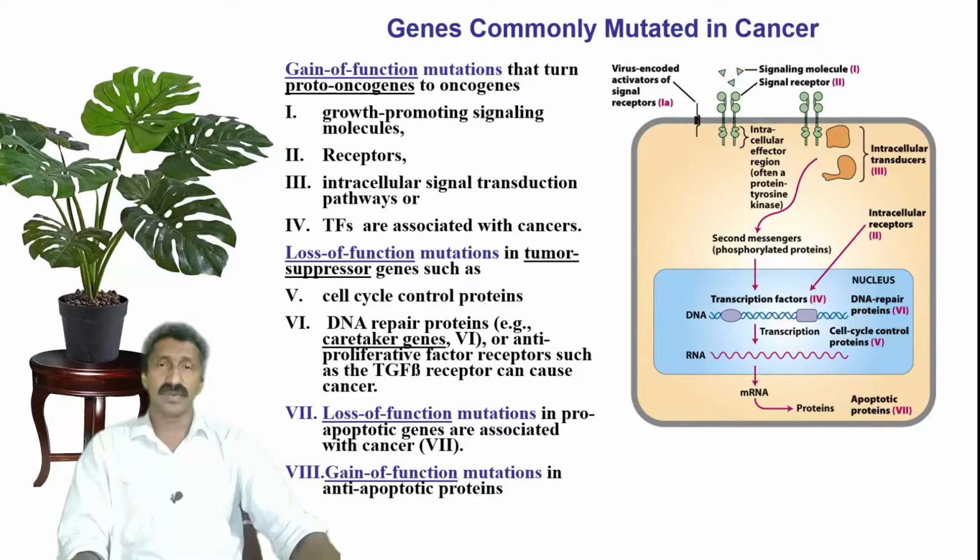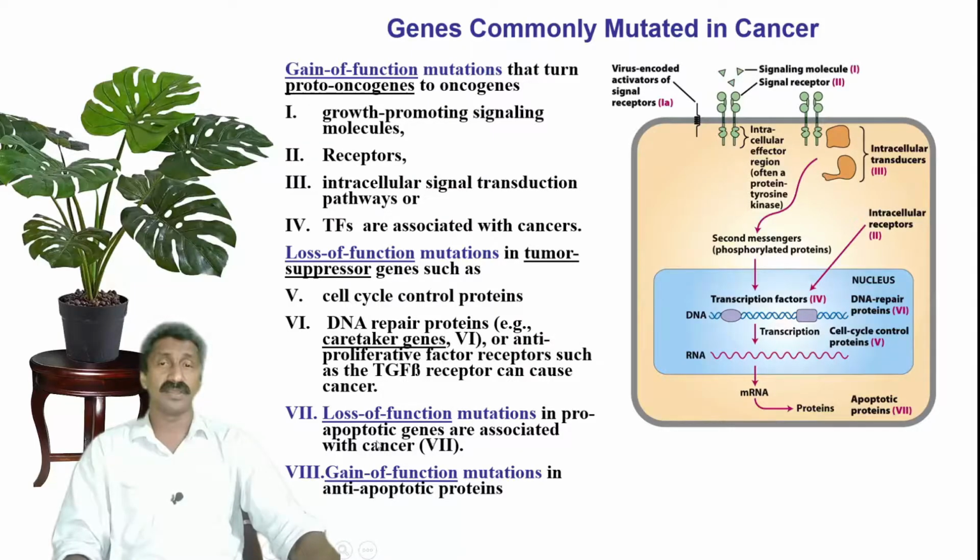And the next one, anti-proliferative factor receptors such as TGF beta receptors, can cause cancer. So these are different tumor suppressor genes, and the loss of function mutation may affect this type of proteins.